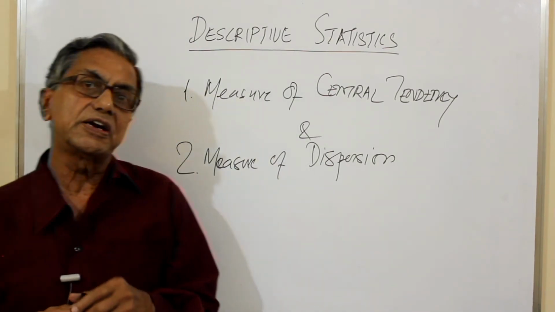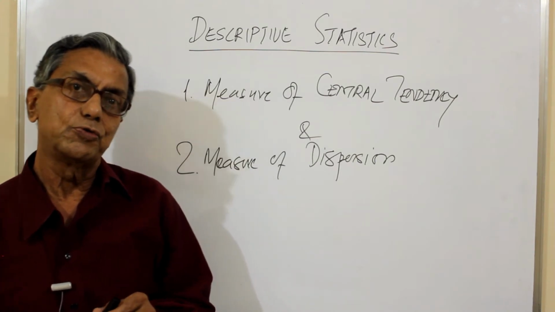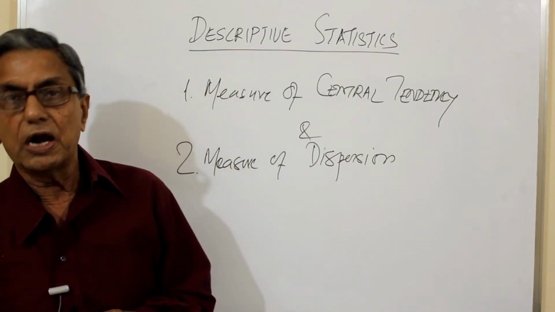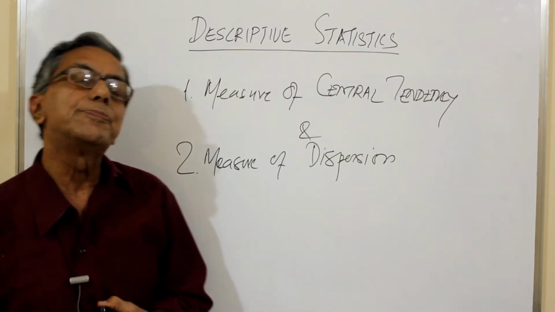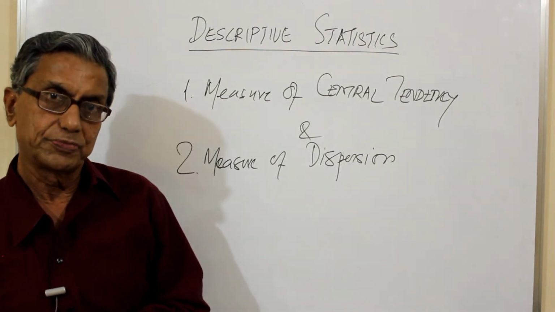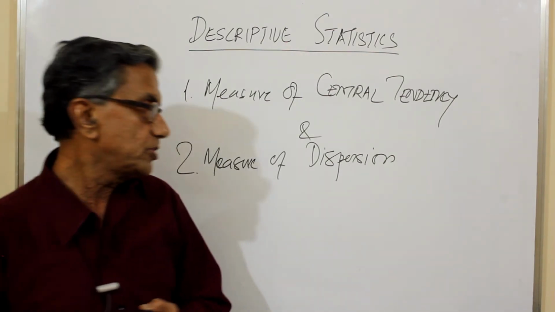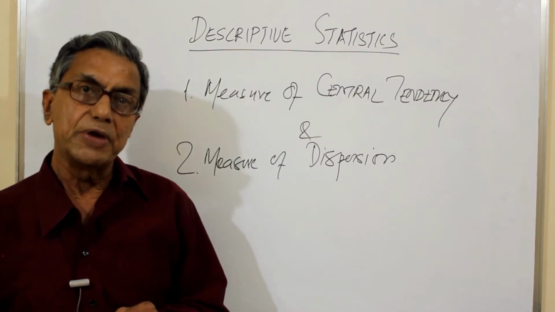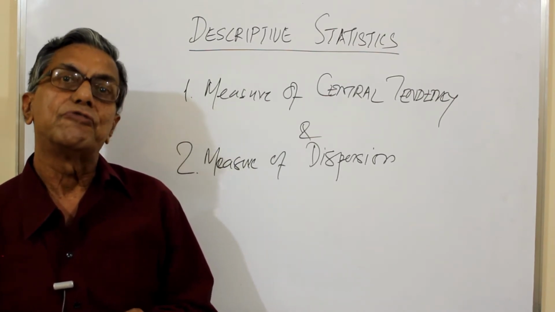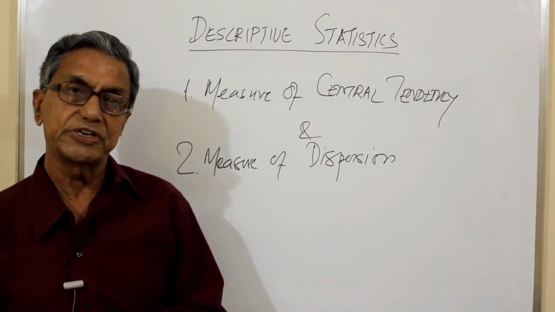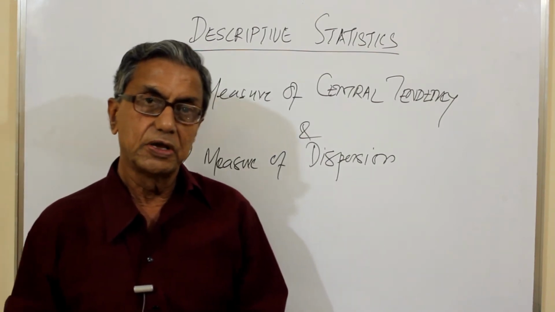Under measure of central tendency, we have quite a few parameters: mean, median, and mode, and a few more. But most importantly, mean, median, and mode are very useful. Under measure of dispersion, you have range, mean deviation, mean absolute deviation, and root mean square deviation or standard deviation.